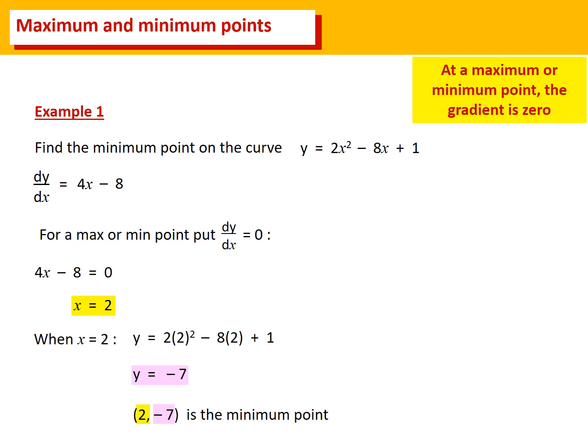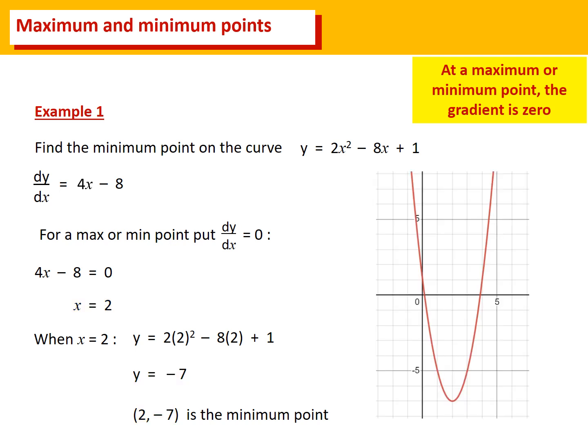Therefore, the point 2, -7 is the minimum point on the curve. And if I show you a graph of the curve, that's what it looks like. It's U-shaped, and there is the point 2, -7, the minimum point of the curve.